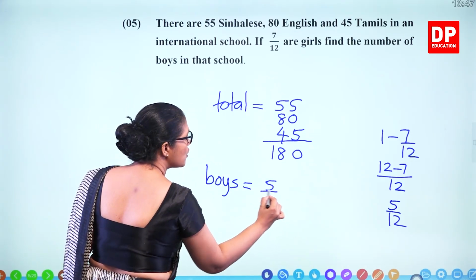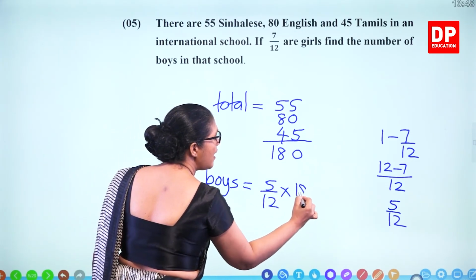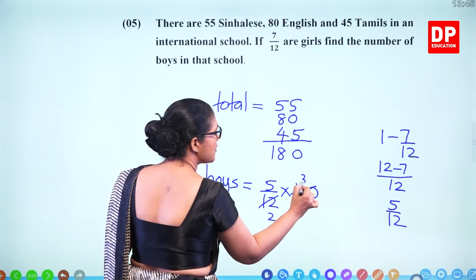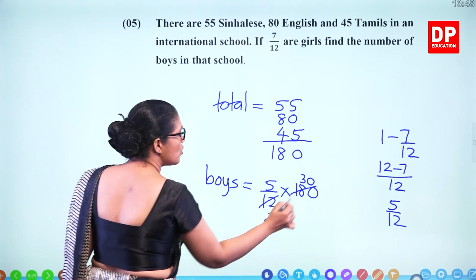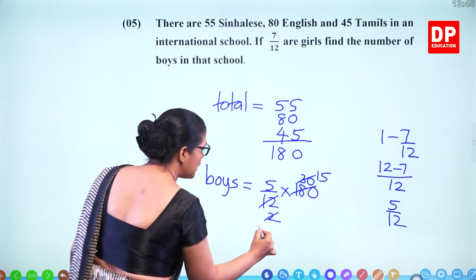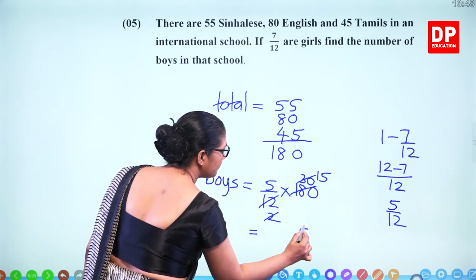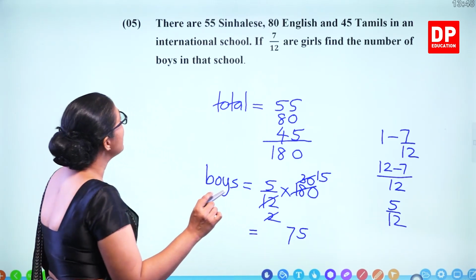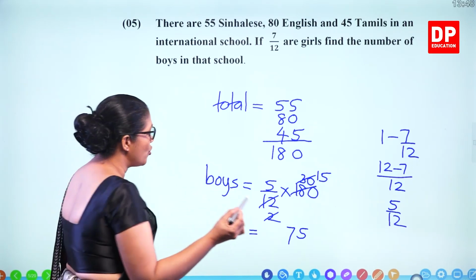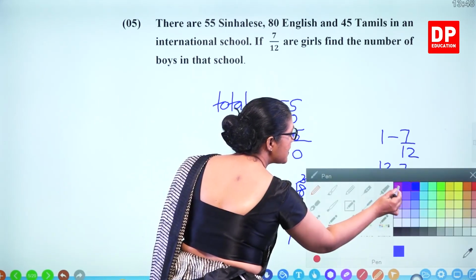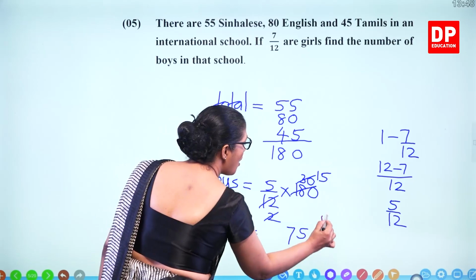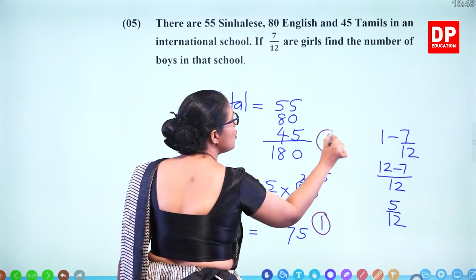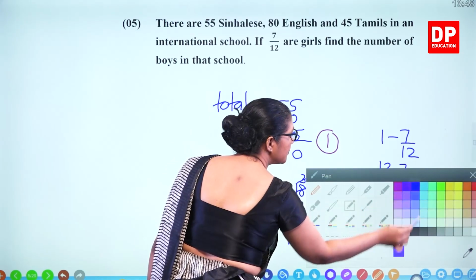So 5/12 of 180. 6 times 2, 6 times 3 is 18, so 30. 2 times 15. 15 times 5 is 75. So there are 75 boys in that school. You get 2 marks for this: 1 mark for the number of boys and 1 mark for the working.